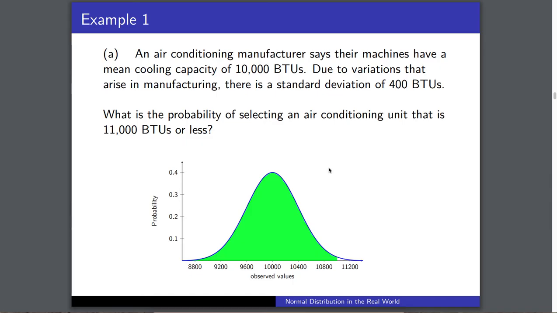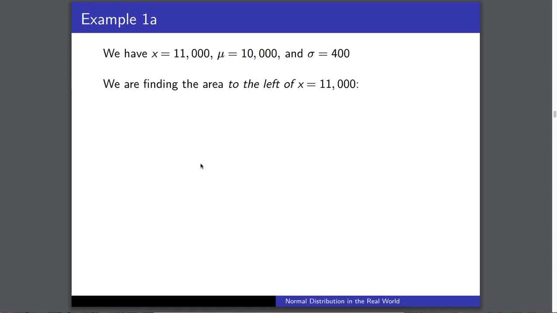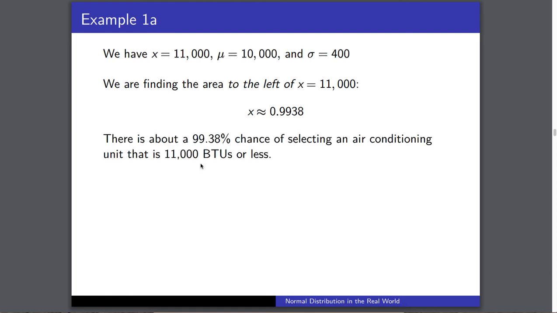So about 99.38% of all air conditioning units from this manufacturing process are going to be 11,000 BTUs or less. So again, we're finding the area to the left, and we got about 0.9938. So about a 99.38% chance of selecting an air conditioning unit that is 11,000 BTUs or less. So a very, very high chance of that happening.